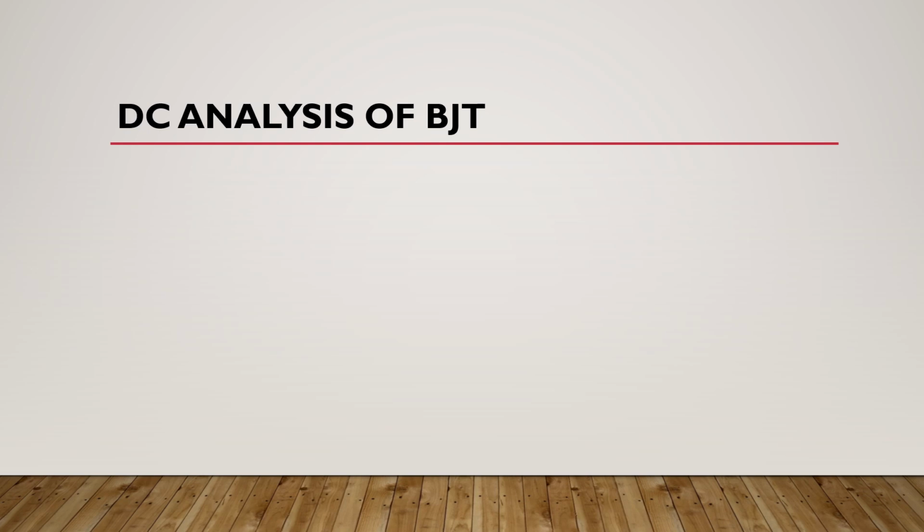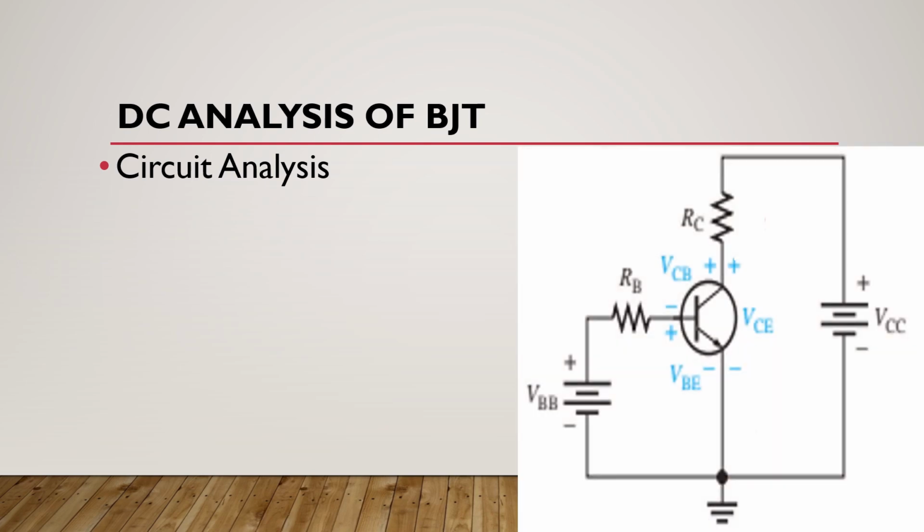So how are you going to start your analysis if you have a circuit like this? If this base emitter junction is forward biased, then it is like a forward biased diode and it has a nominal forward voltage drop of 0.7 volts.